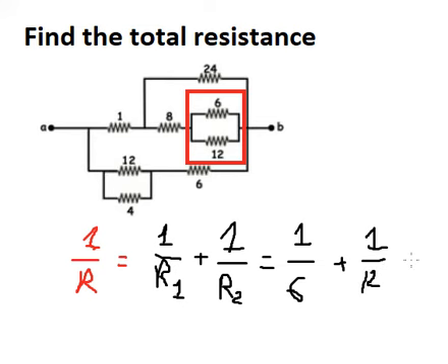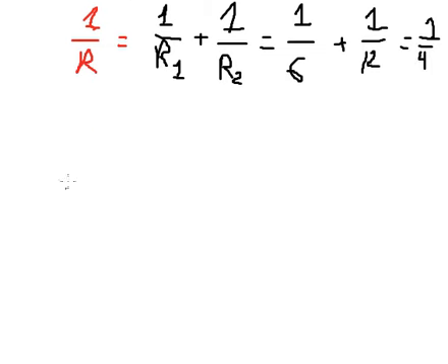We calculate this number and we have 1 over 4. So the red one should be 4 ohms.